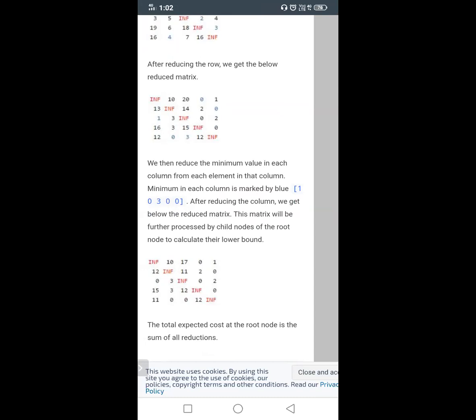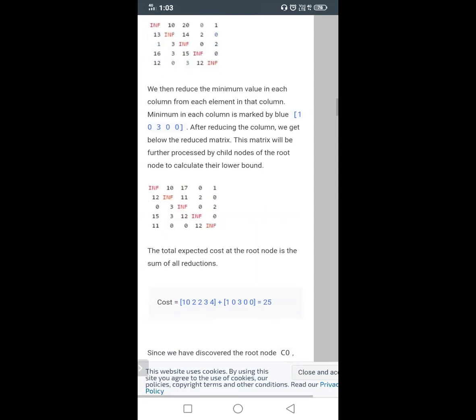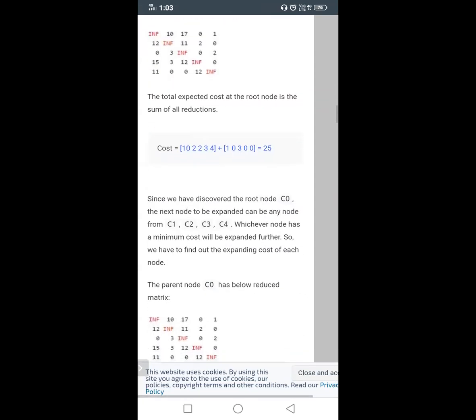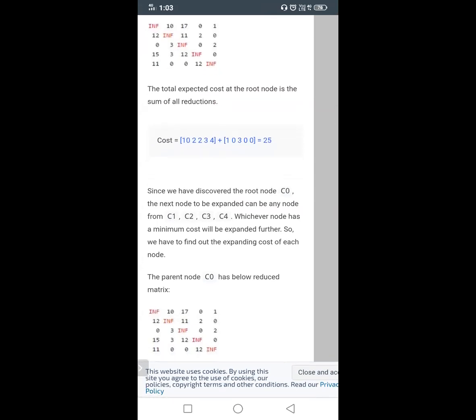Just see the example here, you can understand. So then subtract these elements from the column. So after subtracting, the matrix is here.